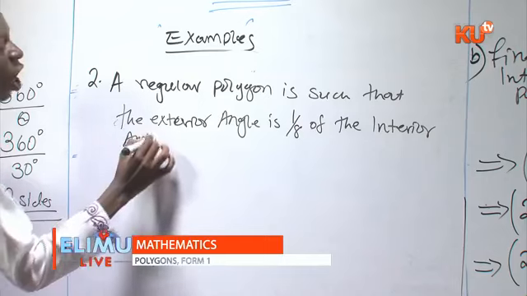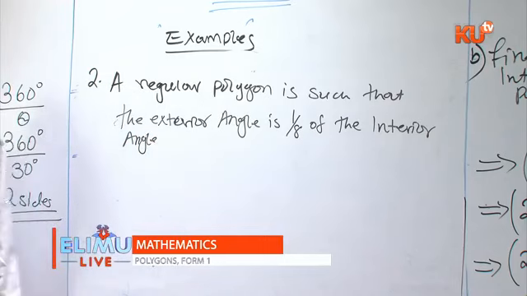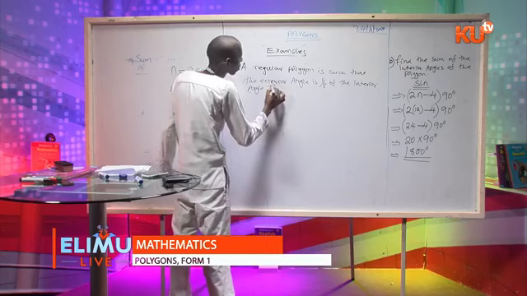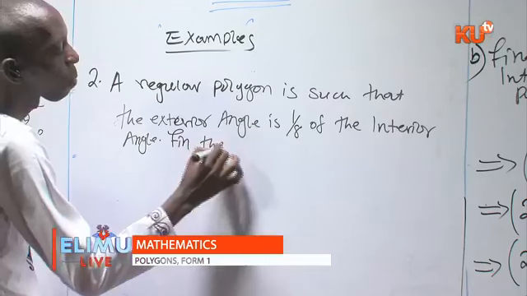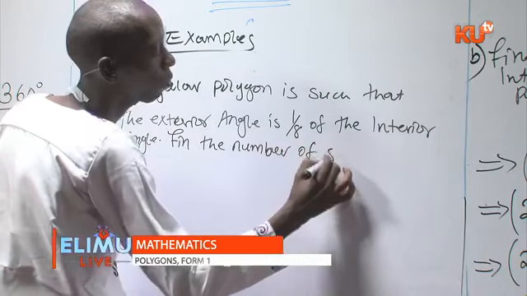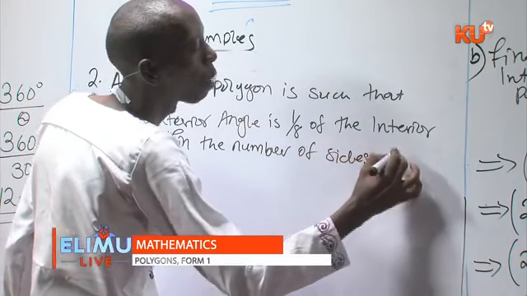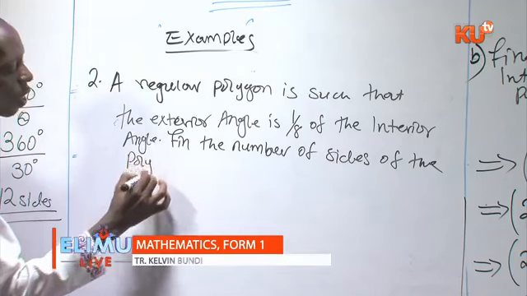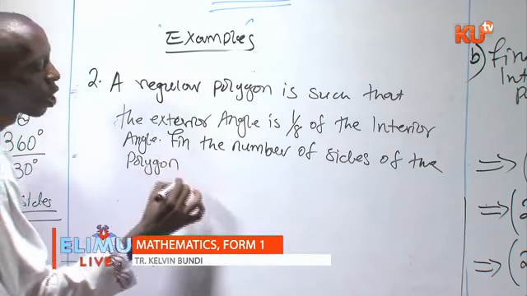The exterior angle of the polygon is 1/8 of the interior angle. Find the number of sides of the polygon.